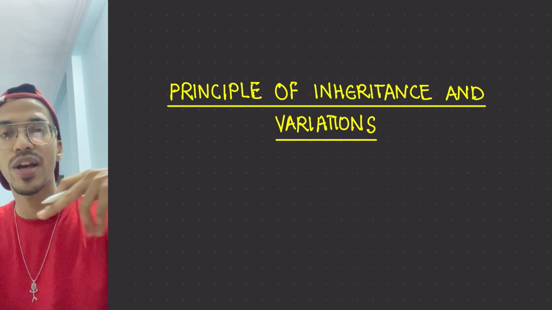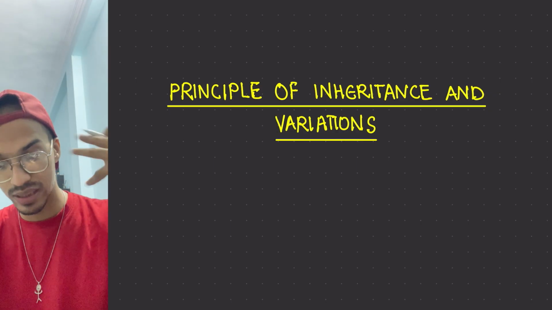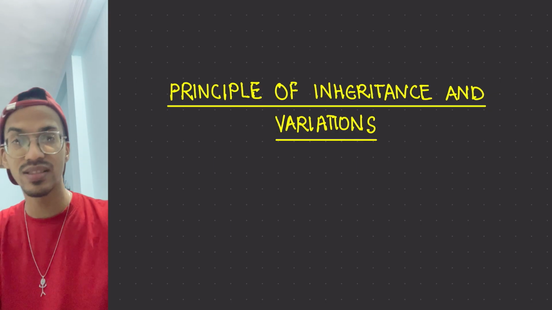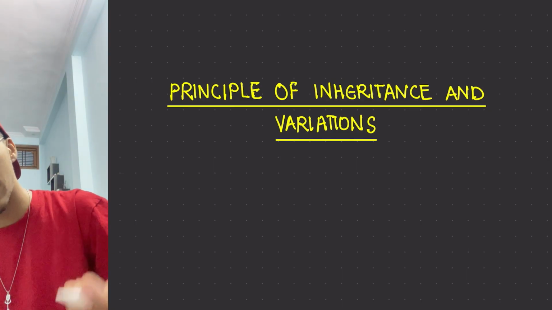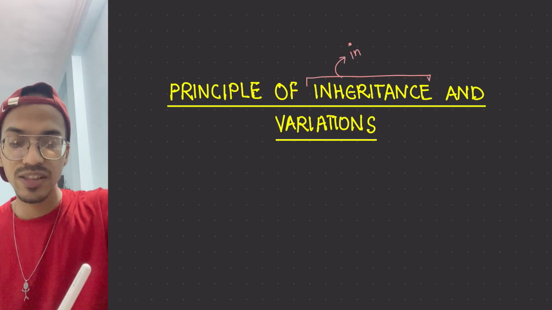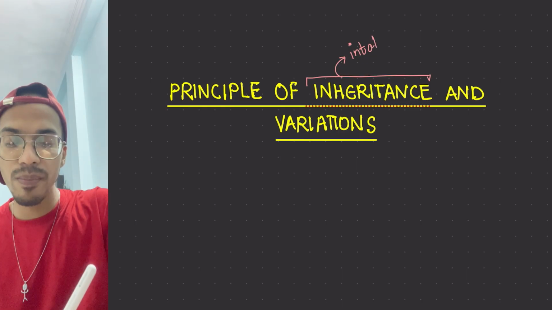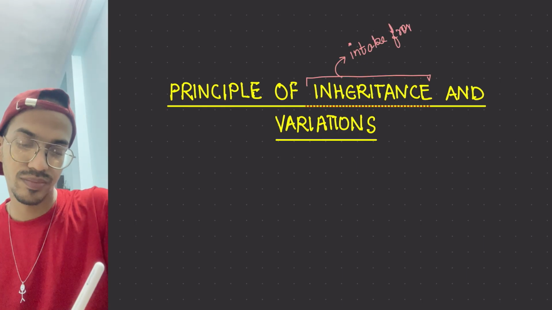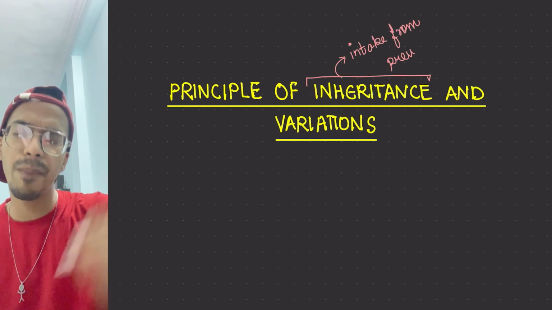Now in this chapter, when we are learning about the principles of inheritance, let's understand the first statement: what is inheritance? Inheritance means intake from the previous generation, in the basic meaning.